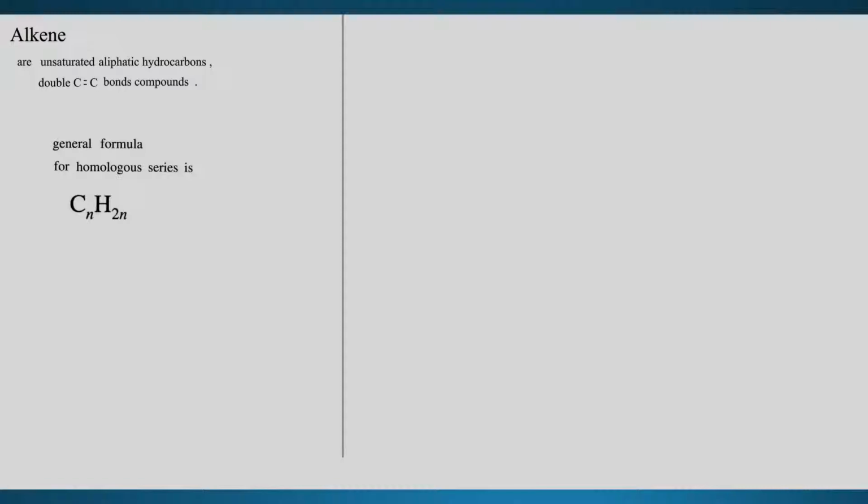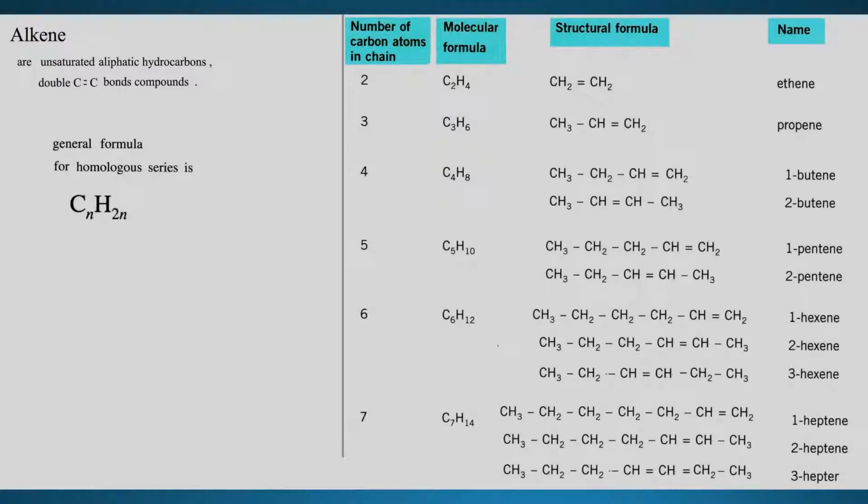For alkene, the formula is more simple. CnH2n. That means 1C requires 2H. Now look, we see 2C, you need 4H, ethene. 3C, 6H.